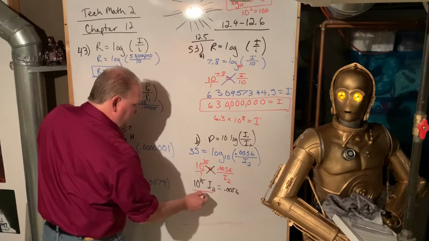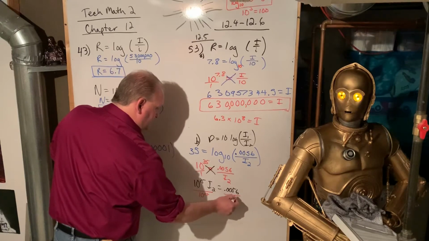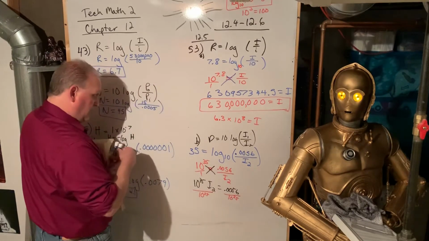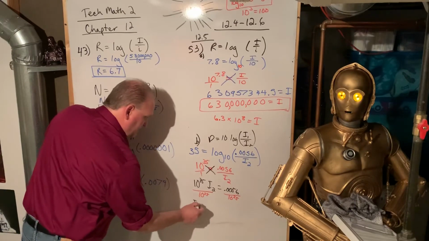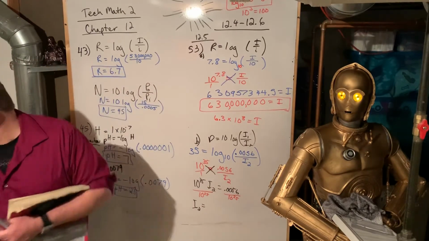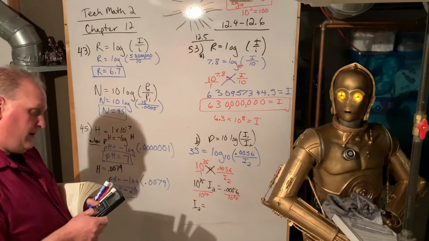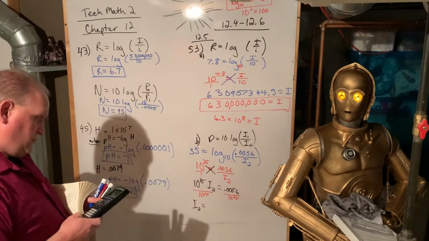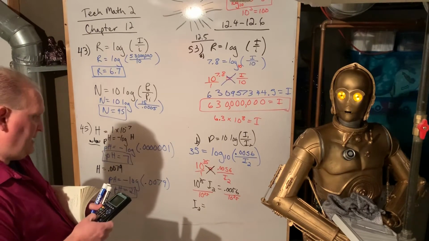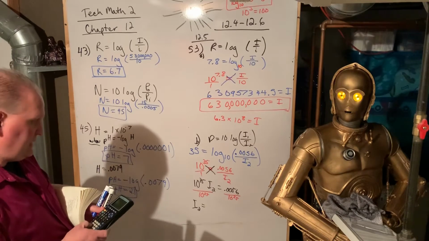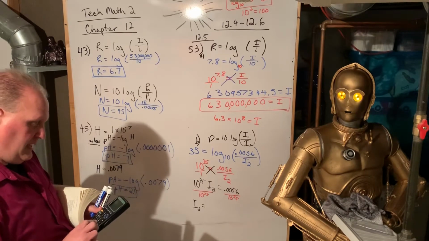So this is going to be one teeny tiny little answer. That's an awfully big number in the denominator. So let's see what that looks like on our calculator. 0.0056 divided by parenthesis 10 to the 35th power, end parenthesis.